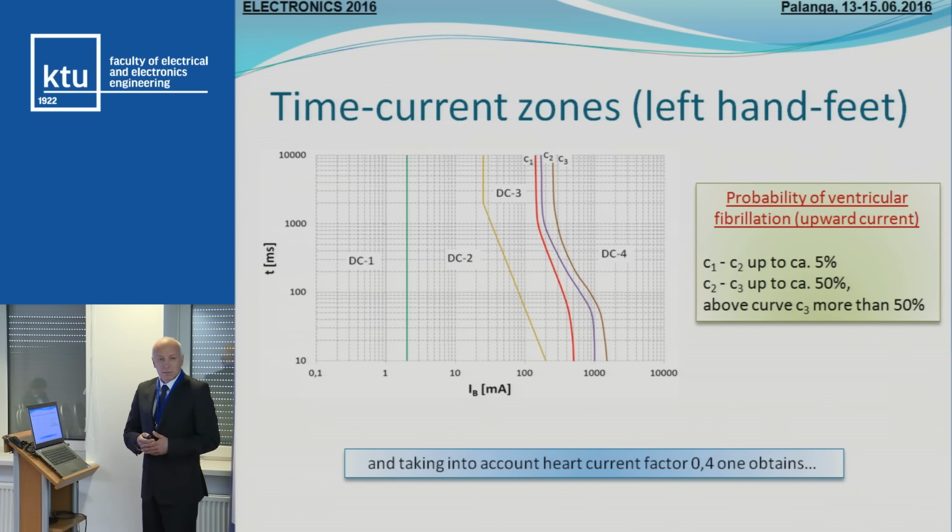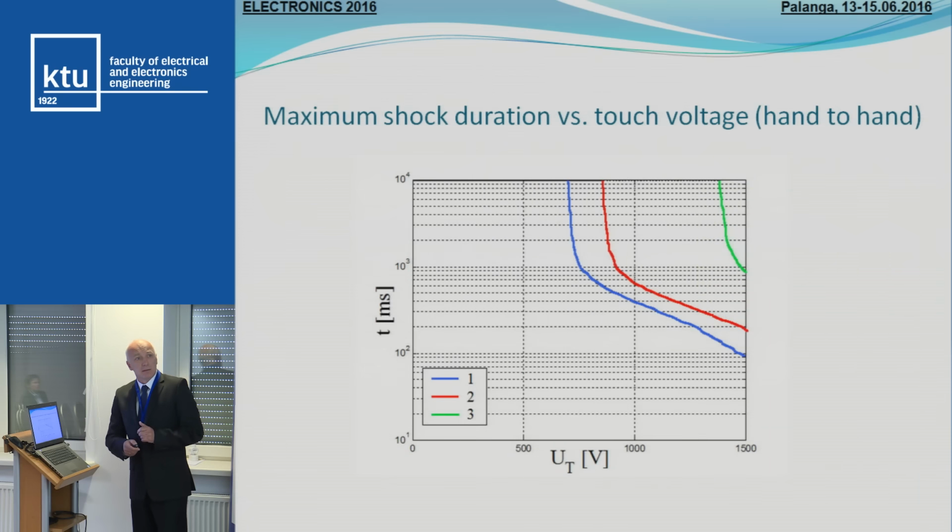The worst effects of electric shock, the ventricular fibrillation, is when the current flows from, for example, hands to the feet. So we took into account the heart current factor 0.4, which means that the current pathway from the hand to the ground is about 2.5 times more dangerous.